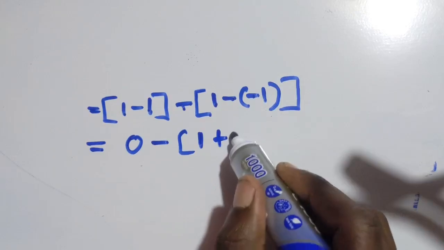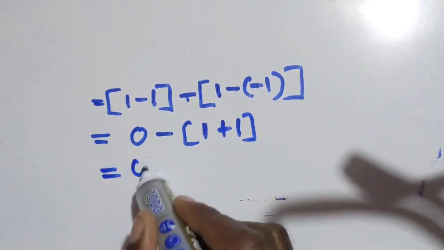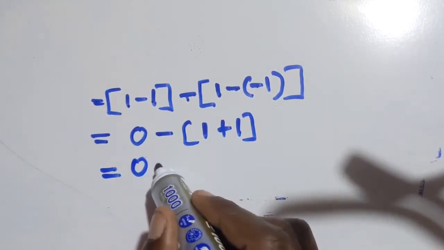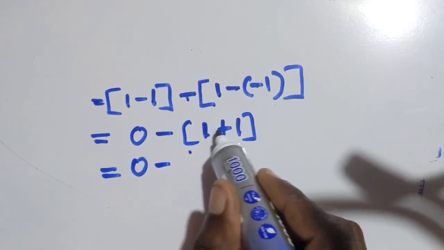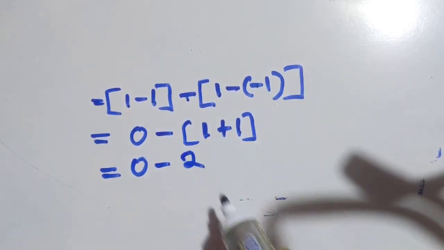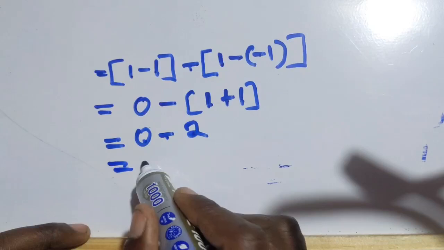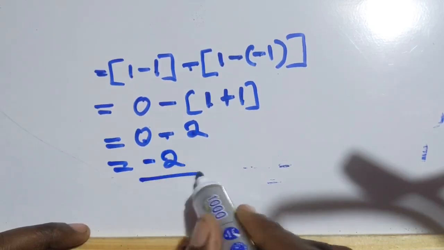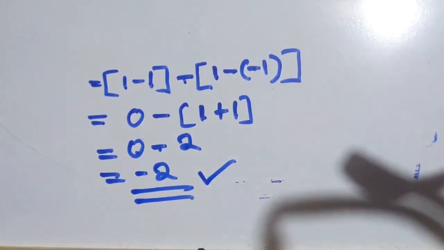There is positive 1 there. Okay? We are going to continue and say negative. Then here we have 1 plus 1, we are going to have a 2. So now 0 minus 2, the answer is just negative 2. So that is the answer for the second question.